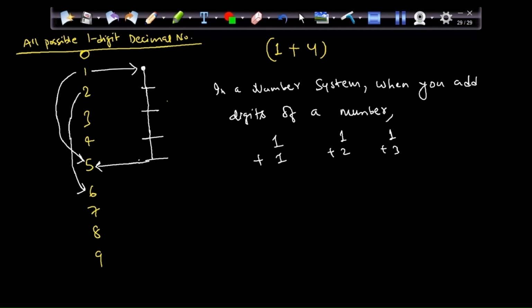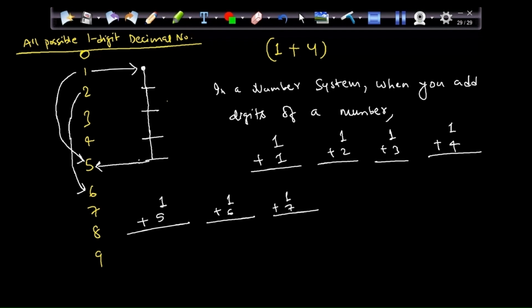Let's say I'm taking these examples. There is a purpose behind it. We will see that. 1 plus 4, 1 plus 5, 1 plus 6, 1 plus 7, 1 plus 8, and 1 plus 9.